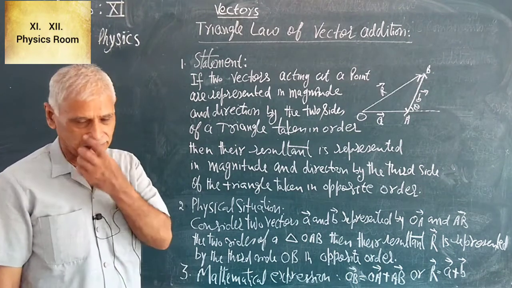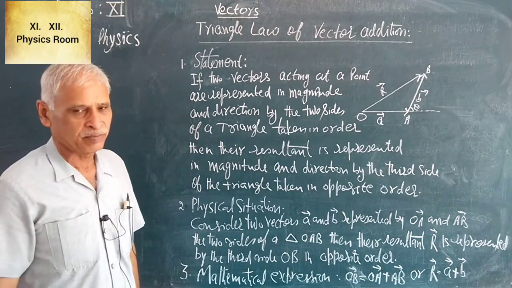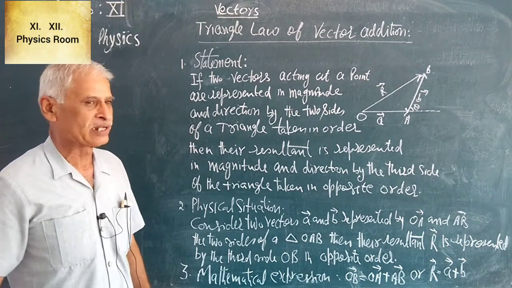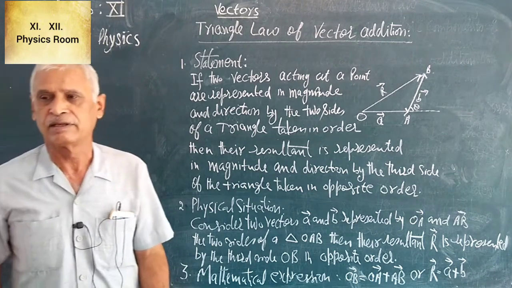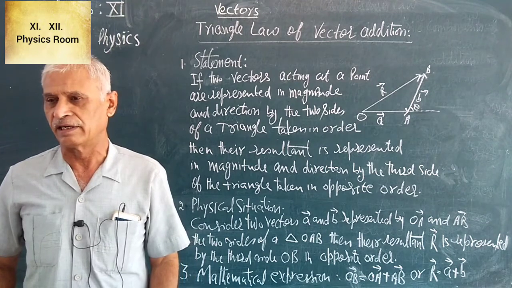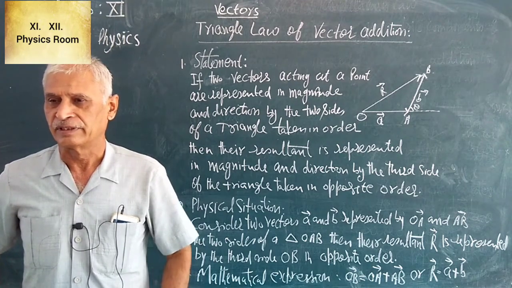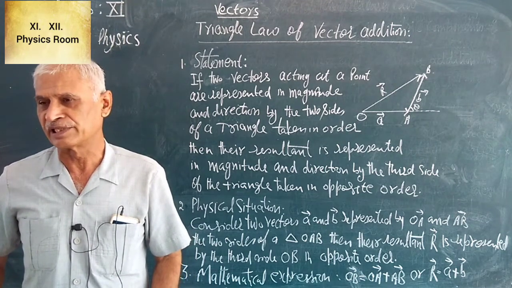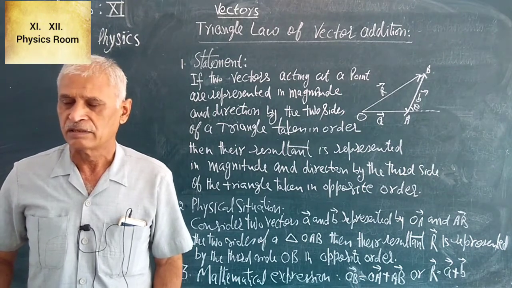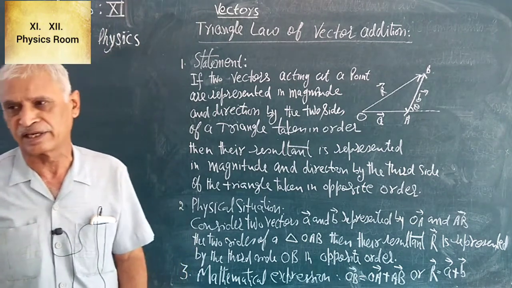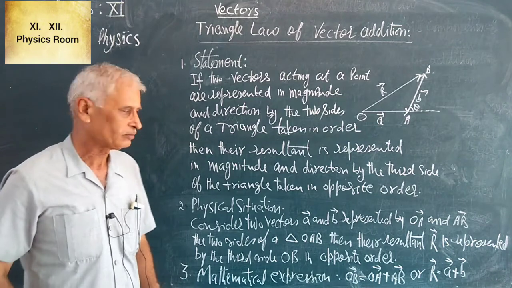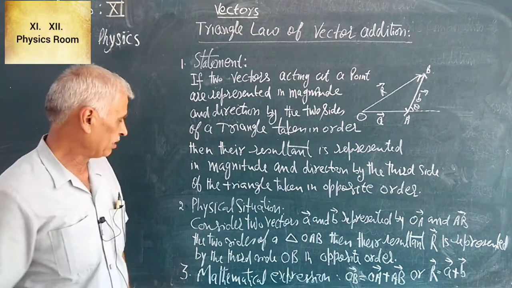If two vectors acting at a point are represented in magnitude and direction by the two sides of a triangle taken in order, then the resultant is represented in magnitude and direction by the third side of the triangle taken in opposite order. So how is it?